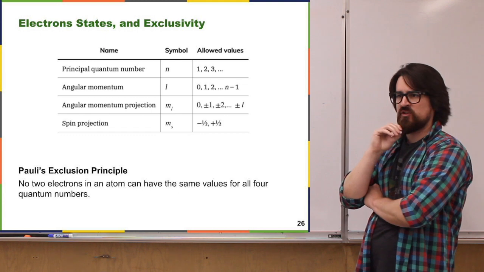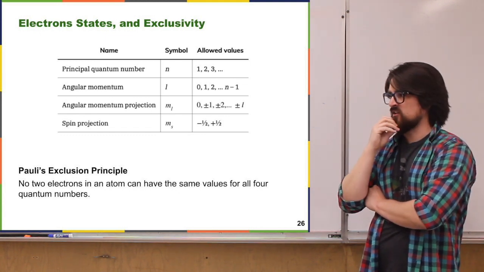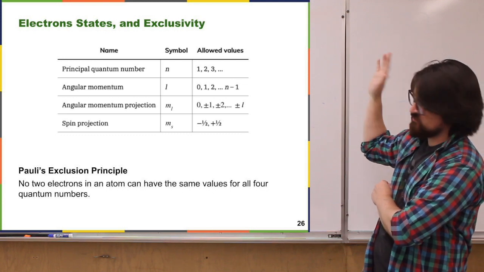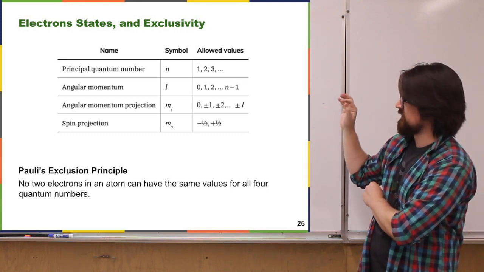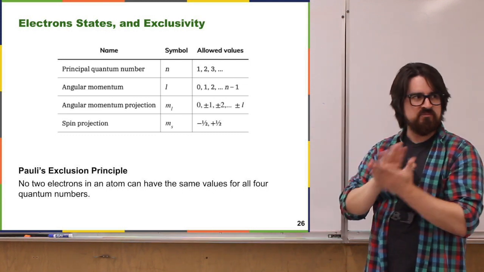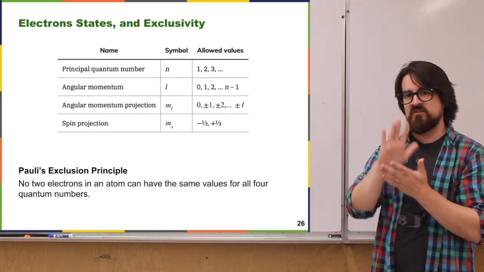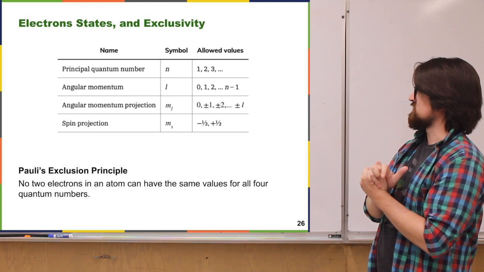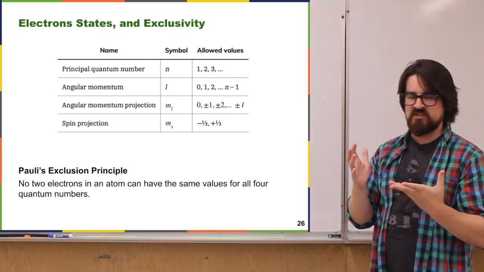But now we want to look at the consequences of the fact that the states are all quantized and they have these particular quantum numbers associated with them, and how that allows us to build up larger atoms: helium, lithium, beryllium, boron, all those kinds of things. We almost have all the stuff we need.